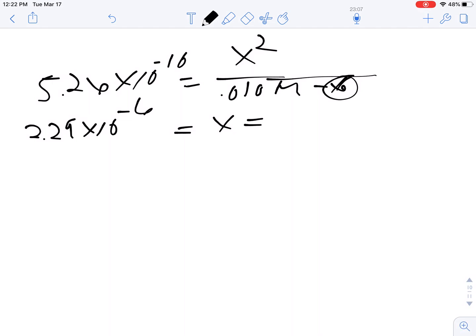So that's going to be the concentration of my OH, right? They want the concentration of all species. So we need to find the concentration of H+.